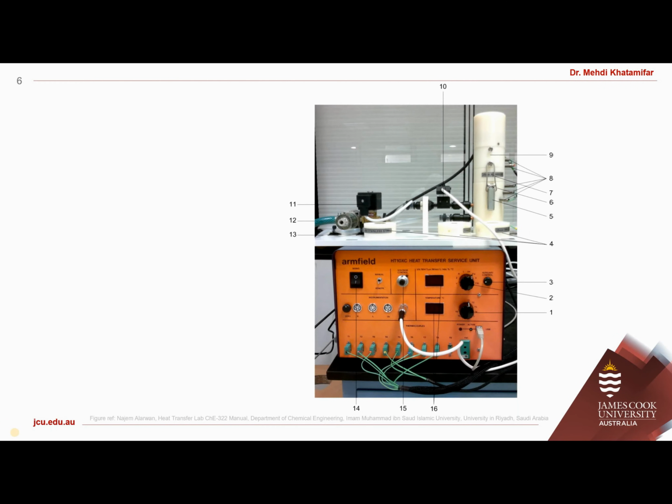For this experiment, we are going to use a linear conduction apparatus, which, as you can see in this picture, includes two sections.